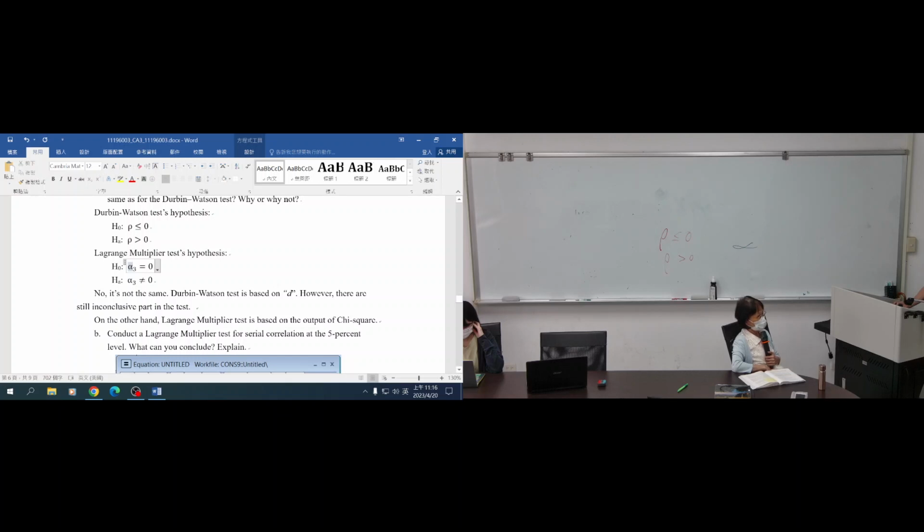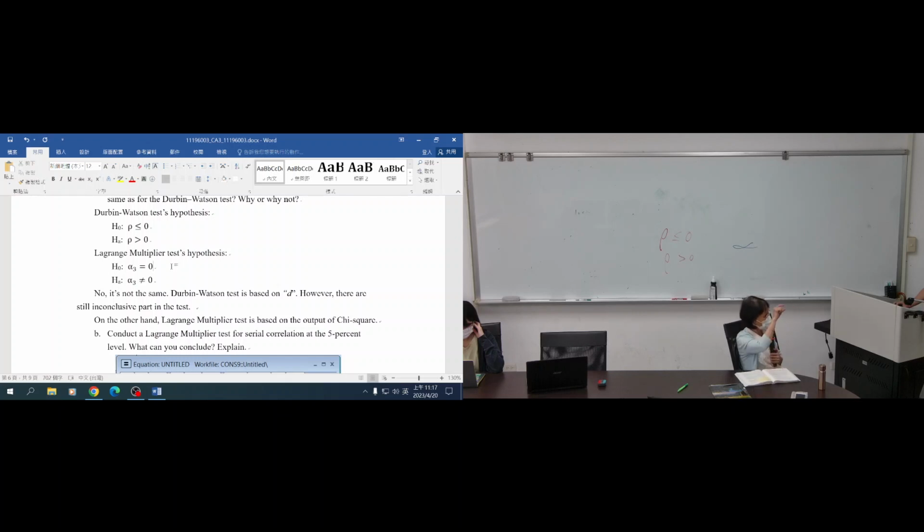Or we can just write down the Lagrange multiplier test. Since we're working with serial correlation problems, and the book showed that we are looking at the AR1 from the EViews output, according to that result, which is the third variable besides our two original x variables.